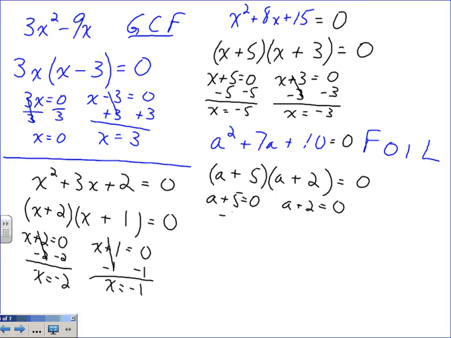And I can subtract 5 from each side. So you guys get the idea? a would equal -5. Over on this one, I'll subtract 2 from each side. And a would equal -2. That's my 2 solutions. That's the reason we factor, to find the zeros.